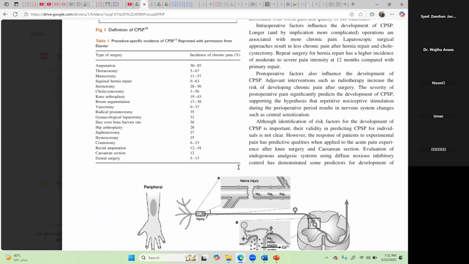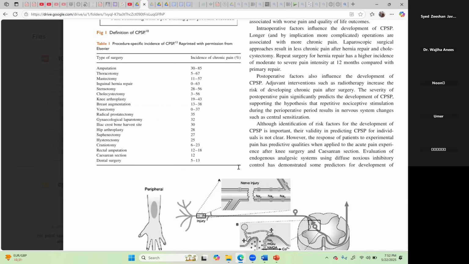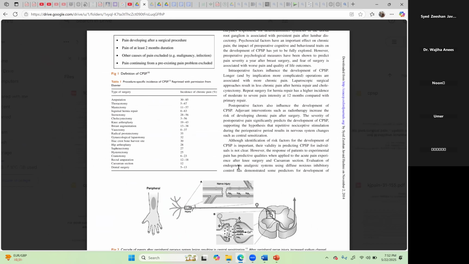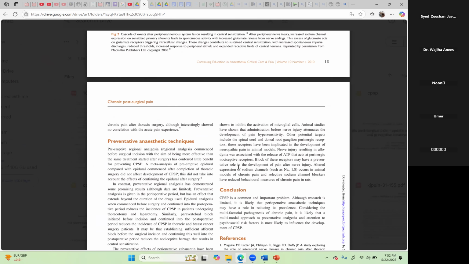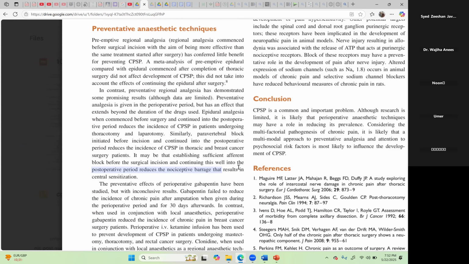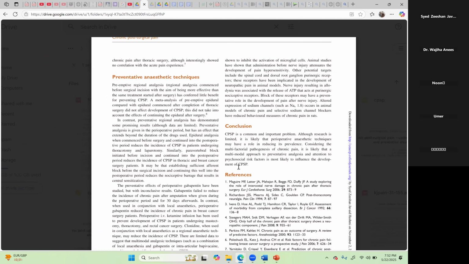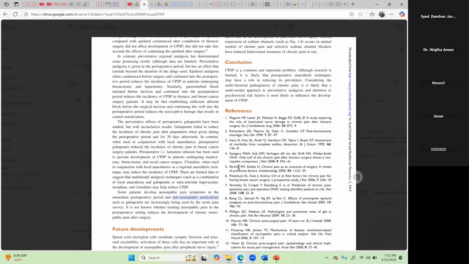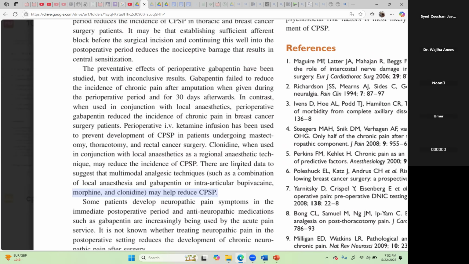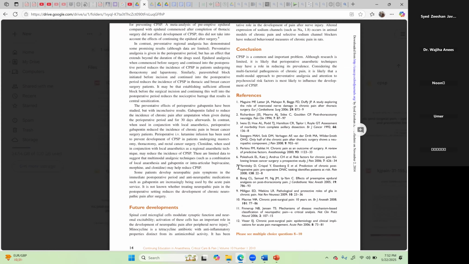This chart will give you the incidence, which surgery will have more chances, and how to prevent it. Good multimodal analgesia, and that's why gabapentin is also being used in preemptive analgesia. So it is also a factor for reduction. You can have a look here.